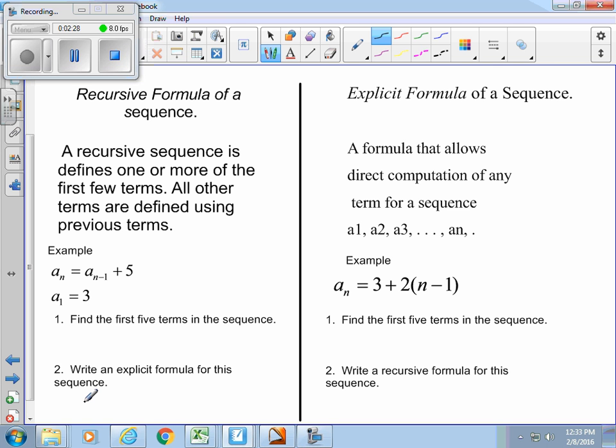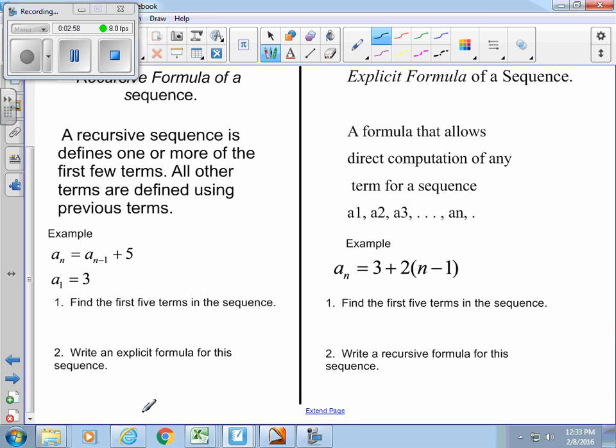It defined a sub 1 and a sub 2, and then every term after that was found by adding the previous 2 terms. An explicit formula is a formula that allows direct computation of any term of a sequence. In other words, if I want to find the 100th term, I put 100 in for n and I've got it.